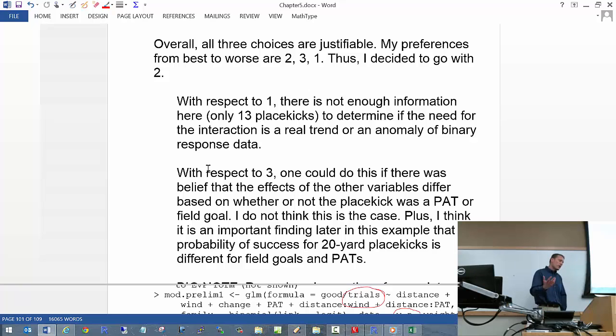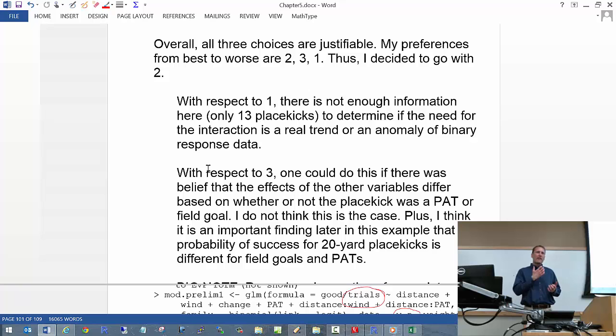For me, when you compare, let's say, number 2 to number 1, overall there's only 13 times in my data set where I have a non-20-yard PAT. It's really tough to base an overall conclusion about what exactly is the effect of having a non-20-yard PAT based upon 13 place kicks.